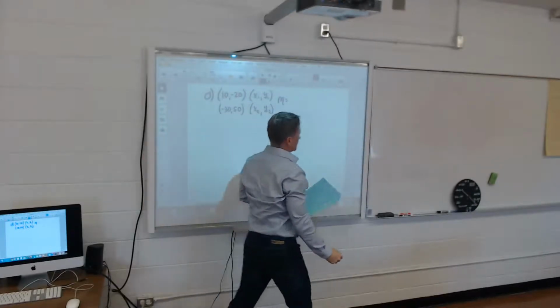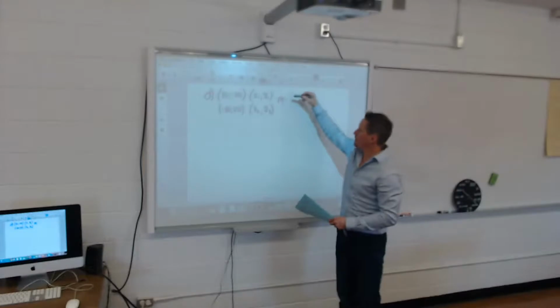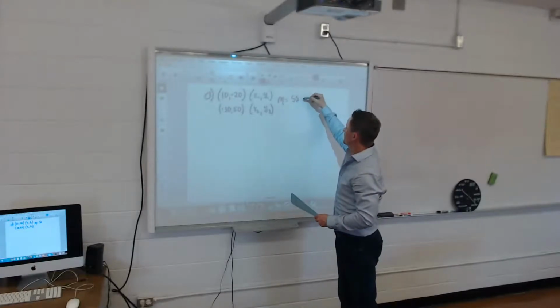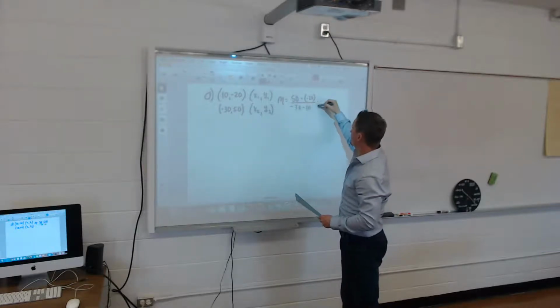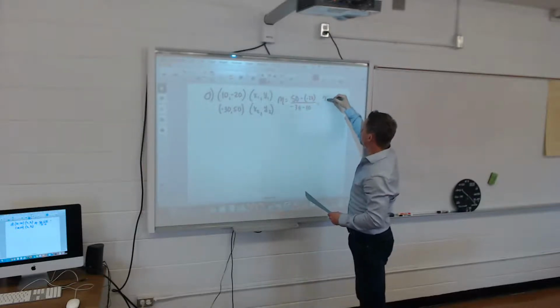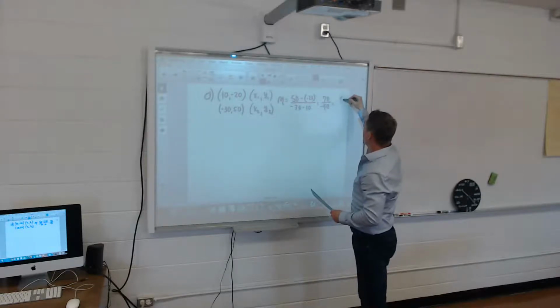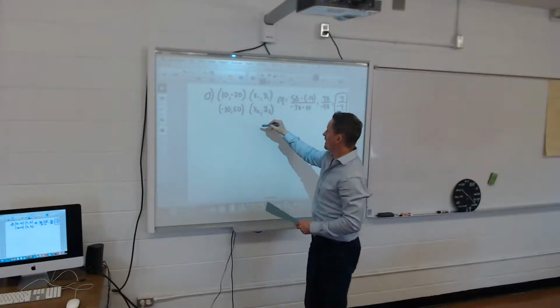Slope equals y2, which is 50, minus -20, over -30, subtract 10, which gives me 70 over -40, which is 7 over -4. So let's have a look at that one for a second.